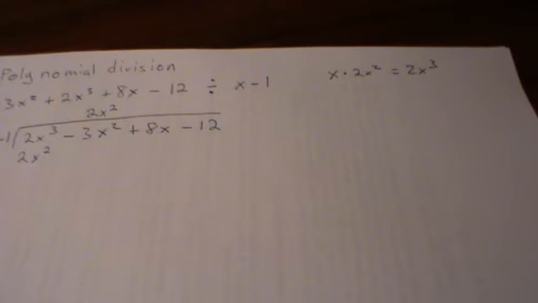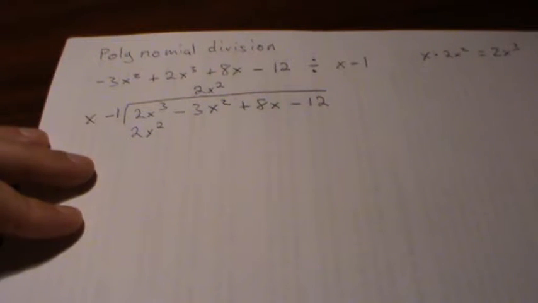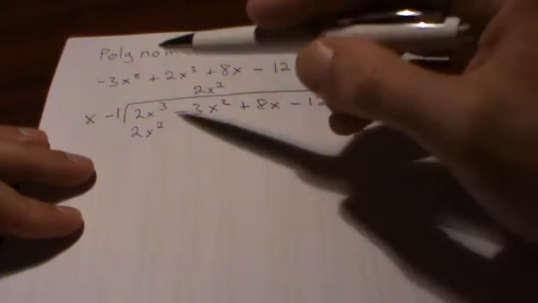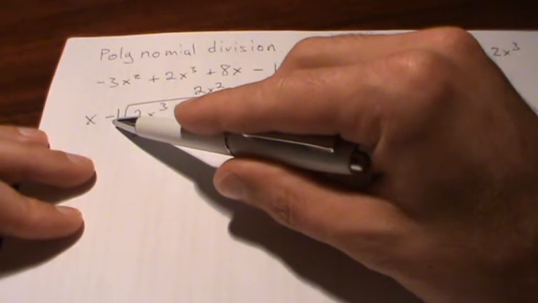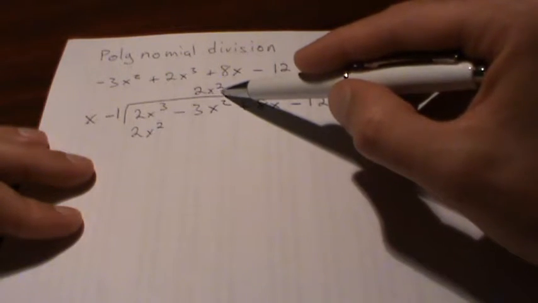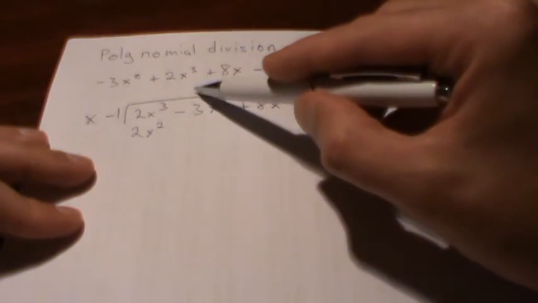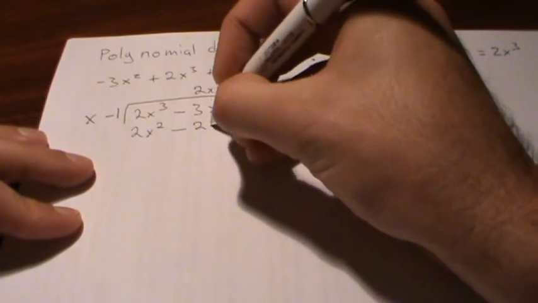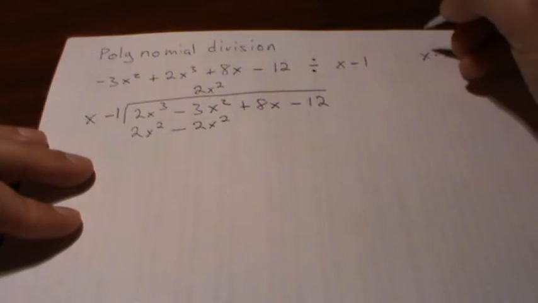Yes? And that's what we're trying to get. We're trying to actually equal this number. And I also must multiply this term, the negative 1, by the same factor. So negative 1 times 2x squared is going to be a negative 2x squared.